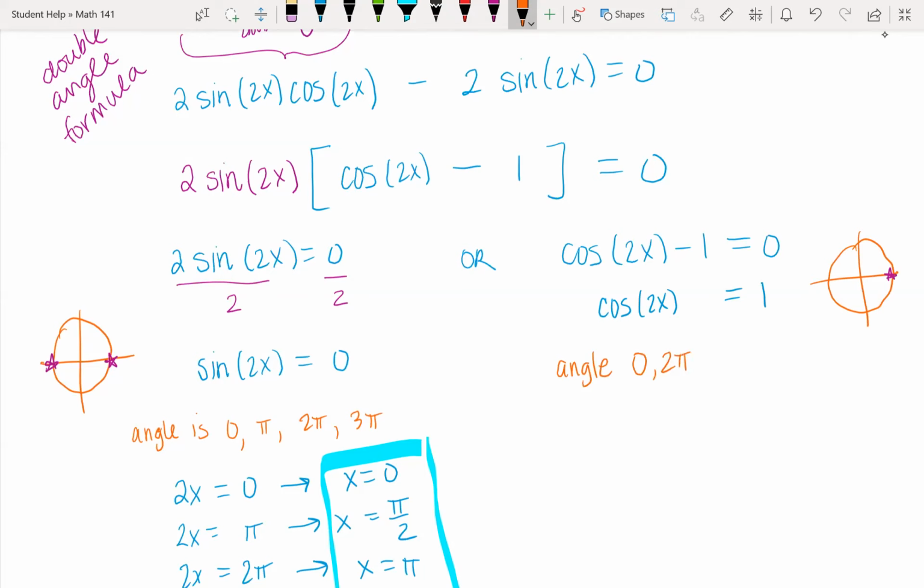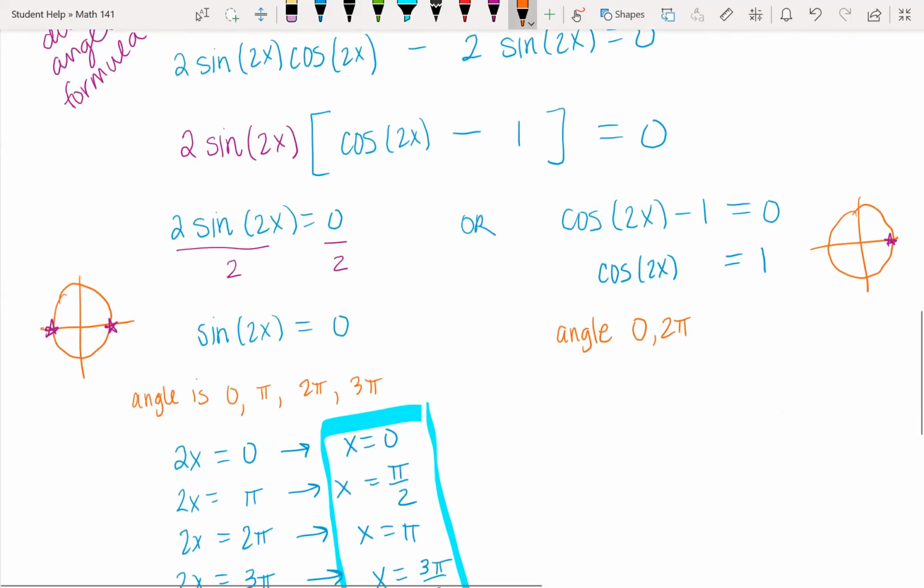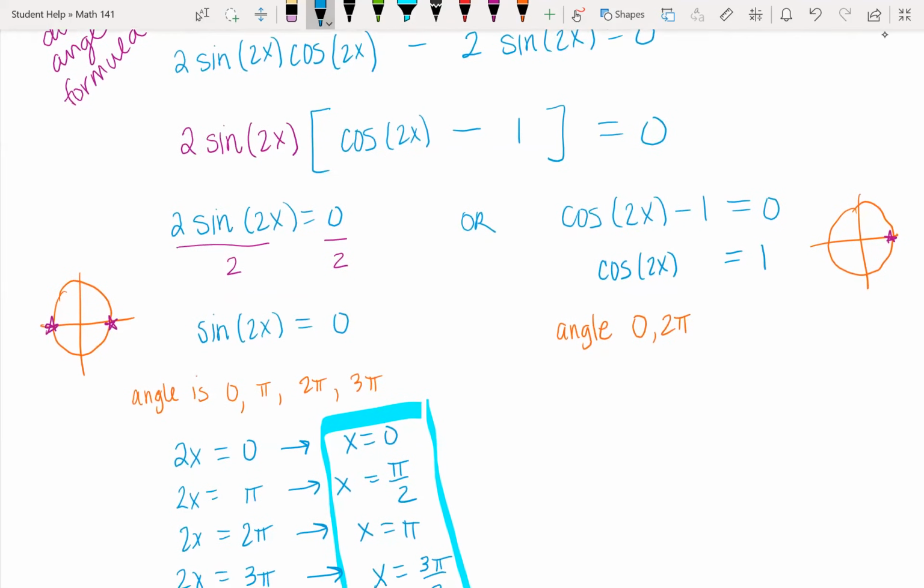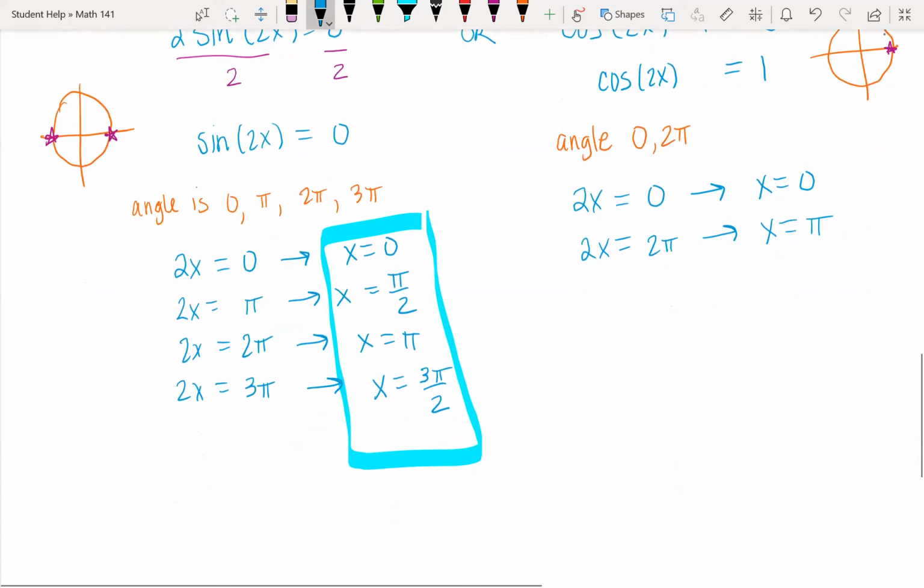We're not going to go around again and include 4 pi because that's not included in our range. So the angle is 2x. So 2x equals 0 or 2x equals 2 pi. And this one gives us x is equal to 0. Well, that's already one of the solutions we had. And this one gives us x is equal to pi. That's also one of the solutions that we already had. So it looks like our solution set is complete back here. We had some repeats in the other equation.